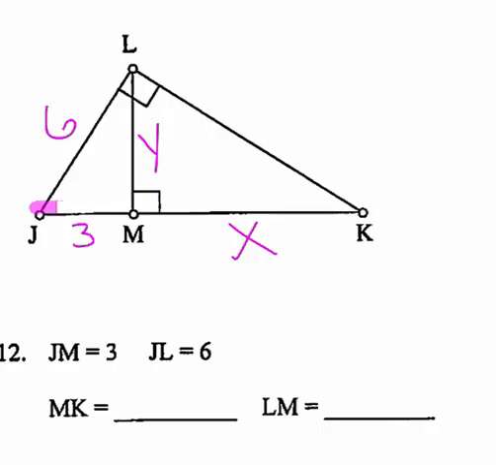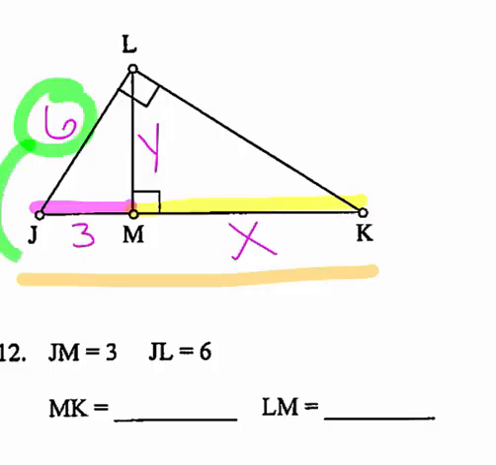So again, let me color in the sides we're talking about. There's one part of the hypotenuse. There's the second part of the hypotenuse. And then the entire hypotenuse would be from J to K. So in this case, 6 is the leg, and it's next to the 3.